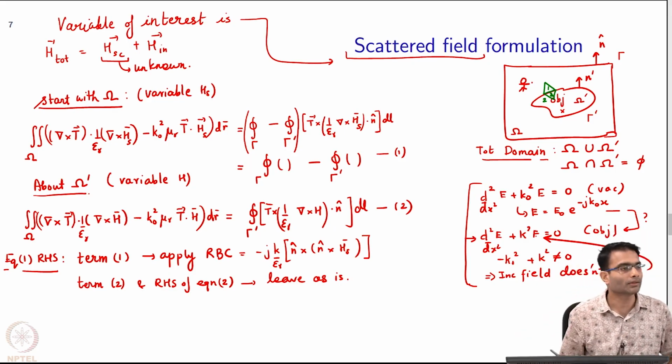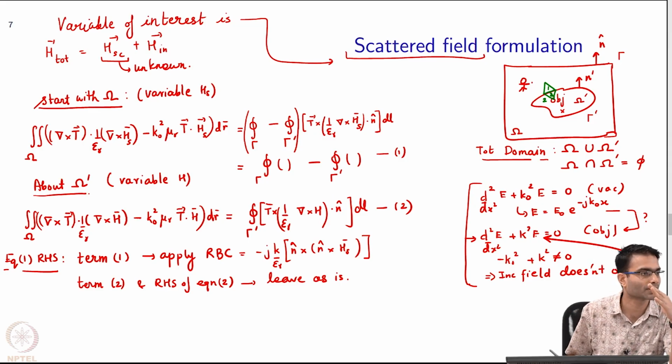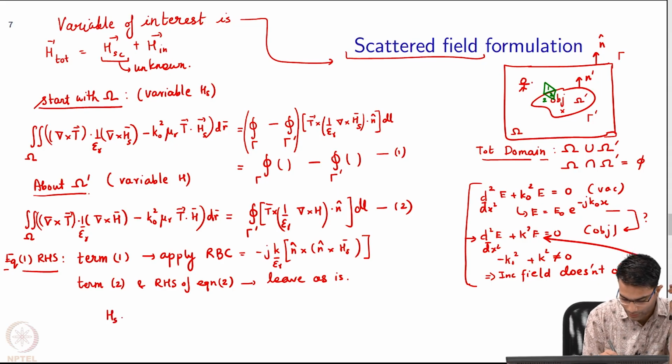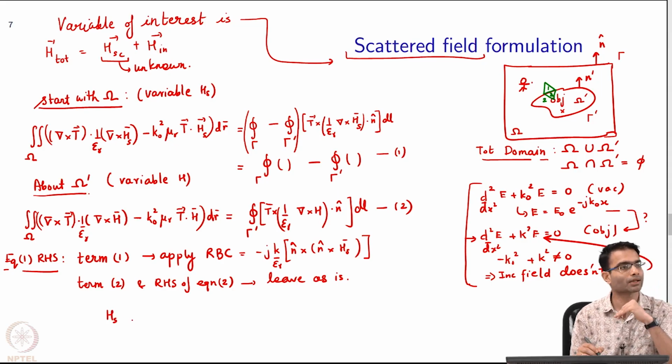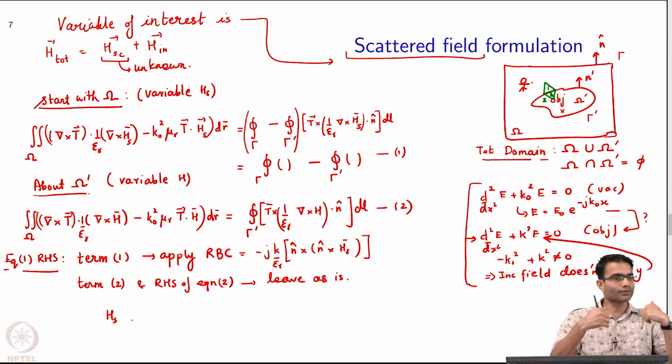In triangle 1, if I look at the edge of the triangle on the boundary, the variable is Hs, and inside the triangle the variable is H. So now the same edge has two different values. What is the difference between them?